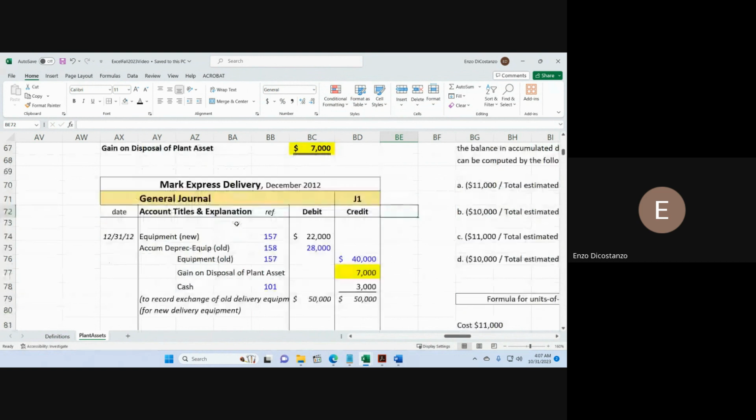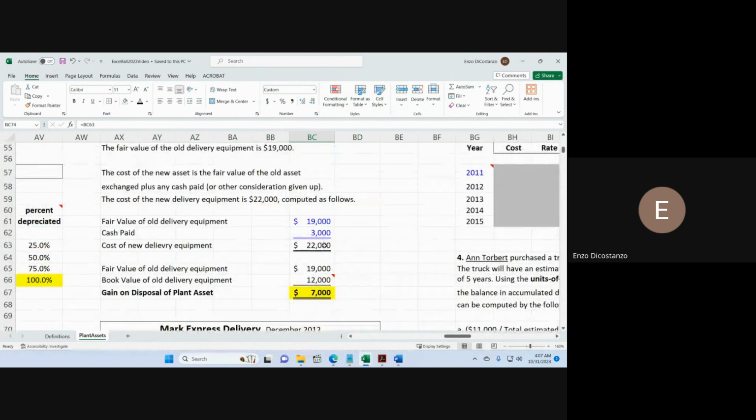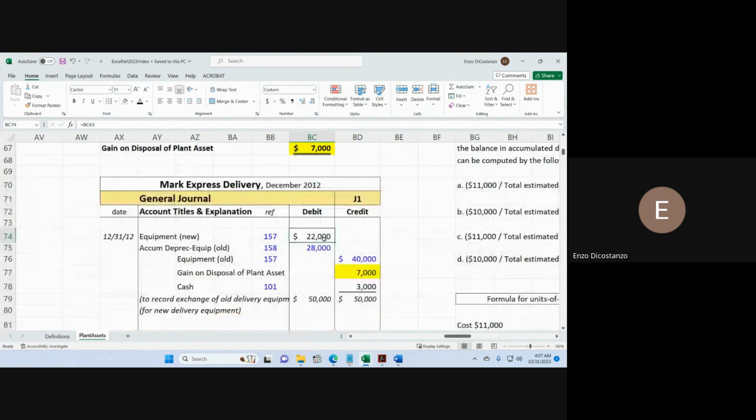And recording the exchange, we eliminate the book value of the asset given up and record the cost of the asset acquired, recognize the gain on the disposal. Accounting for exchange plan becomes more complex if the transaction does not have commercial substance. Okay. So again, this was written off. This was written off. This was gained, right? Because you had $22,000. In other words, that's the asset that came onto your books.